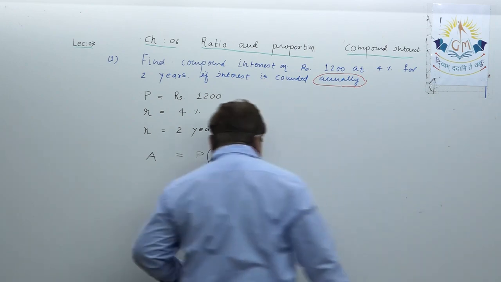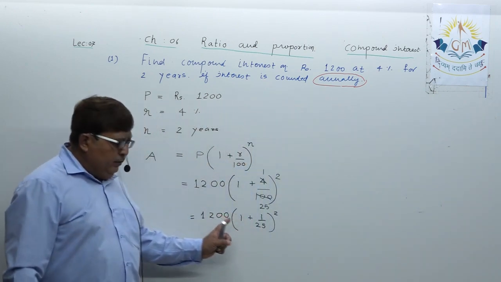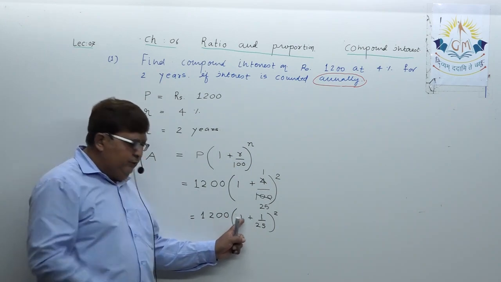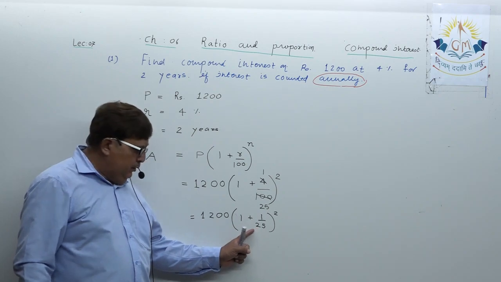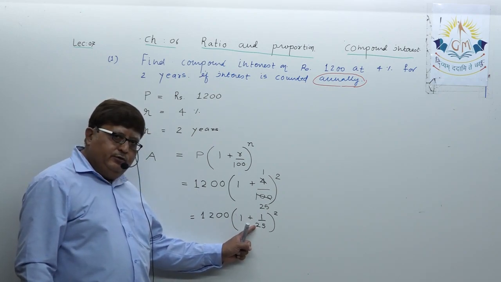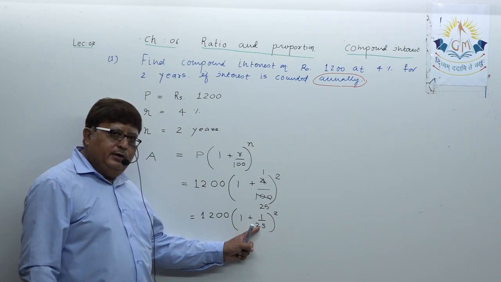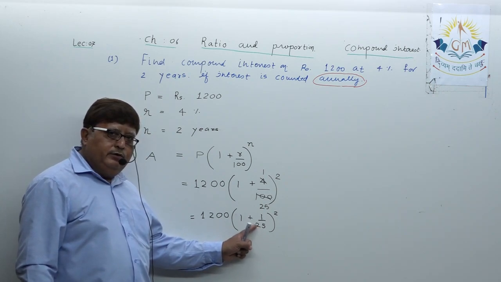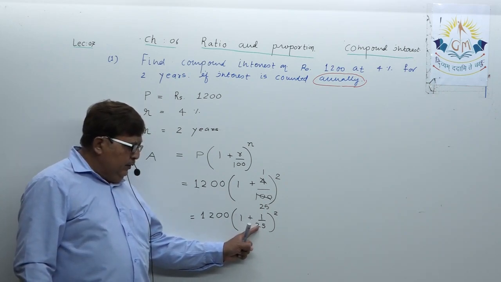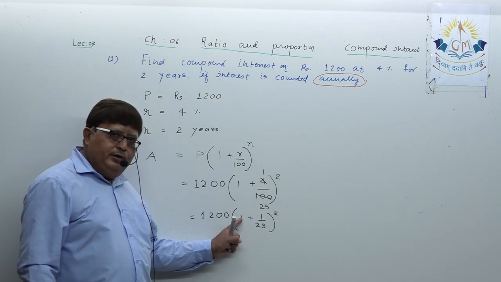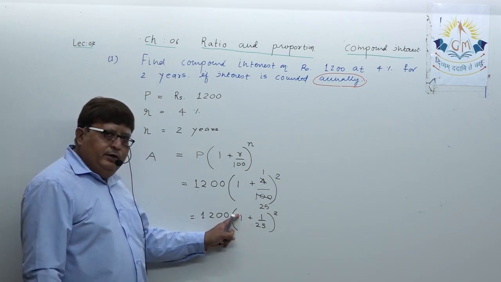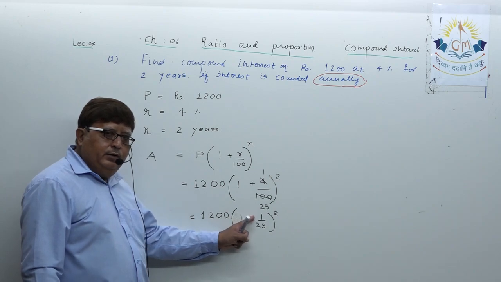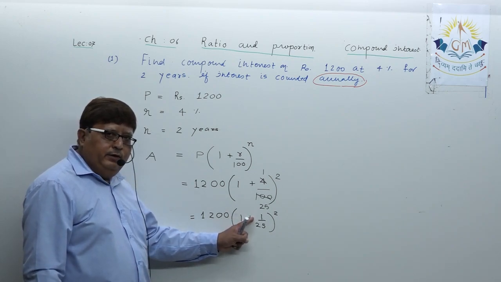Be conscious. 1 plus 1 upon 25. Simply, dear student, if you take LCM in this bracket, 25 will multiply with 1. So 25 ones are 25, plus 1, 26.